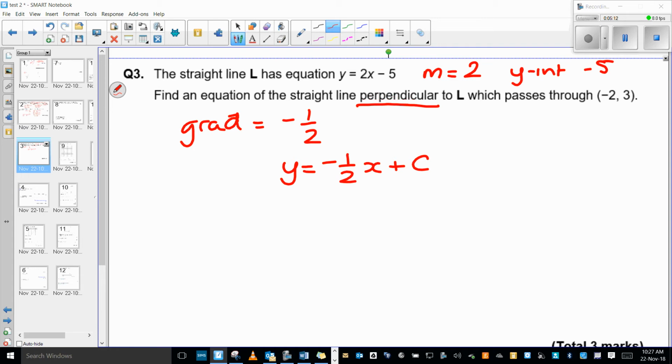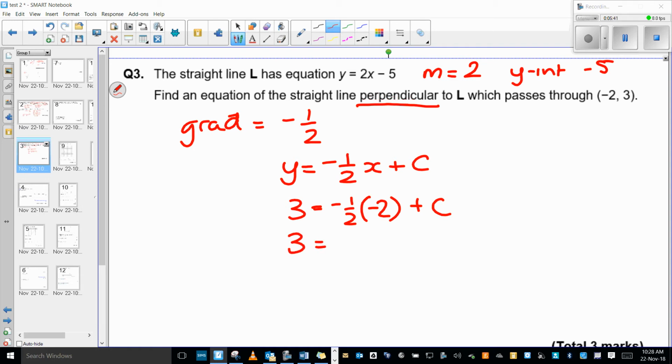What do we do now, Layla? Good. So in this case, we would have 3 equals -1/2 times -2, plus c. Awesome. Now some people made an error. They wrote this, but they forgot that they're actually multiplying it. So they tried to add stuff. So we've got 3 equals -1/2 multiplied by -2.